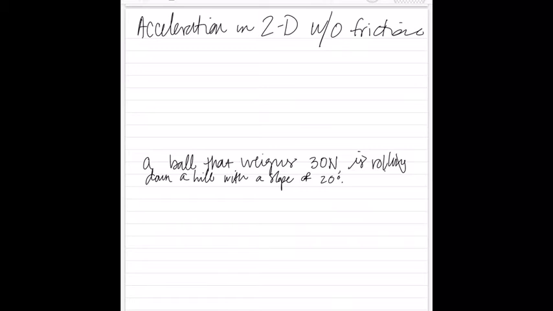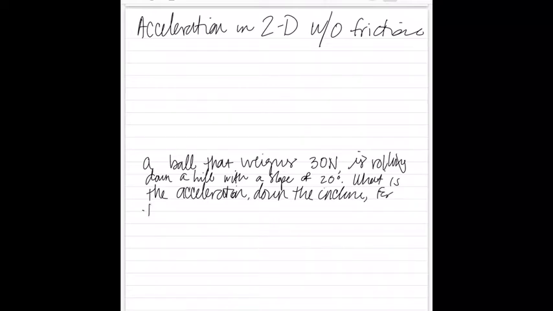We're going to say that this question is, what is the acceleration down the incline for the ball? We're just going to assume no friction. So let's do this without friction first.